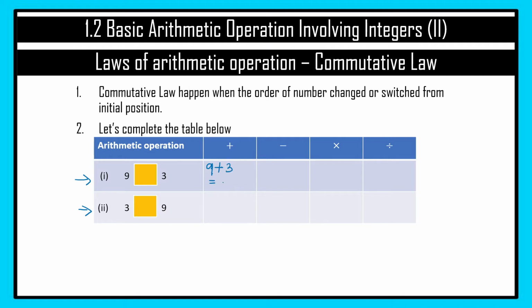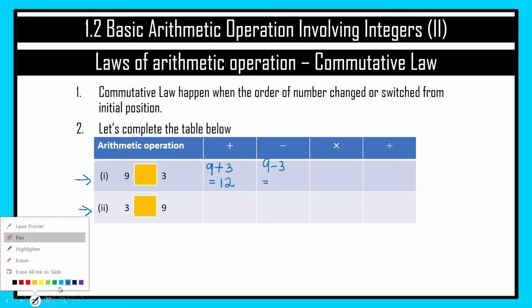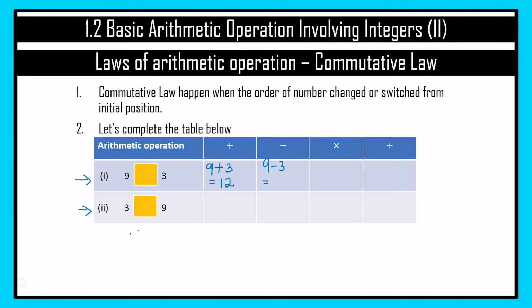Your answer should be 12. The next one will be 9 minus 3. I'm going to use a different color so that you don't see blue and blue. You should get 6.